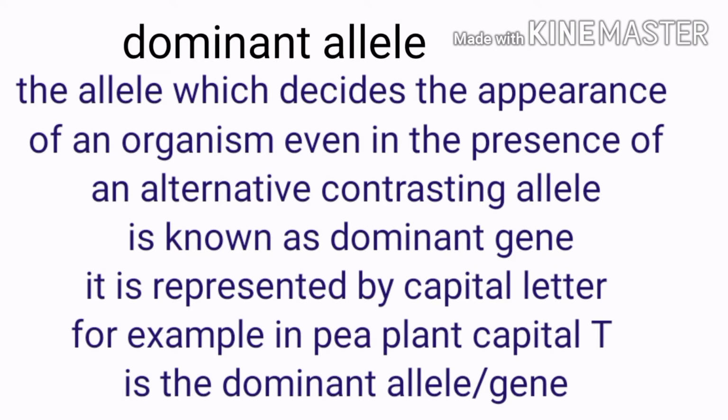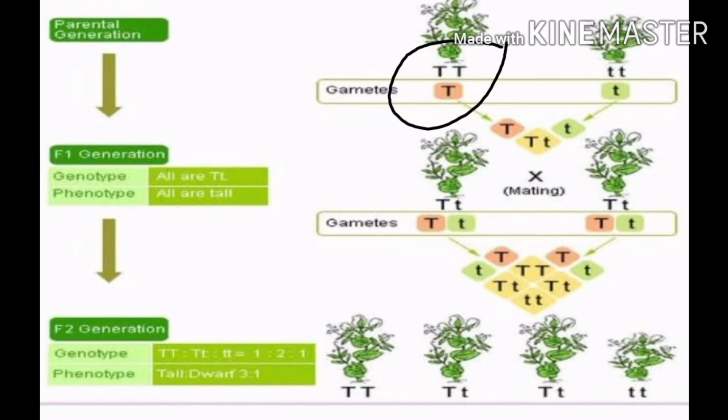Let us take the example of the pea plant. As you can see here, in the pea plant, capital T is representing the characteristic of tallness, while the small t is representing the characteristic of shortness.